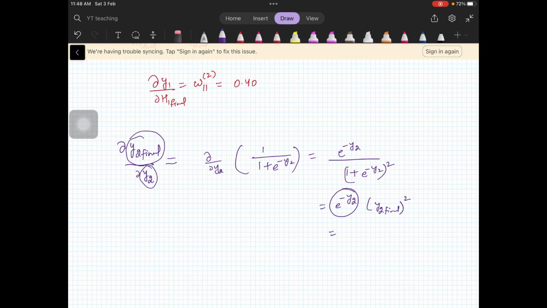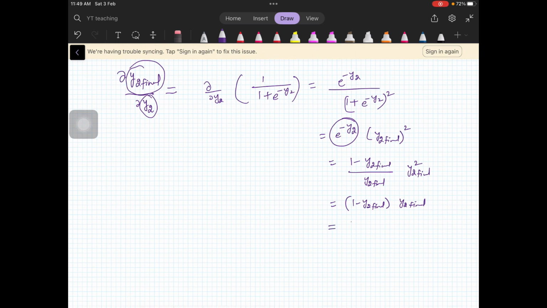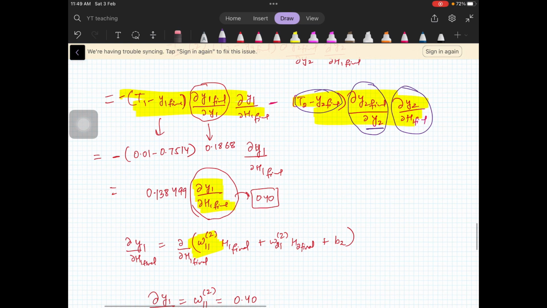So this is (1 minus Y2 final) over Y2 final into Y2 final square, so that would be 1 minus Y2 final times Y2 final. Now if you put the values, this is 1 minus 0.7729 into 0.7729, that is our Y2 final. If you compute it, this would be 0.1751.